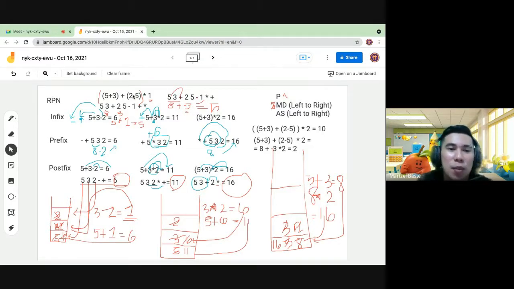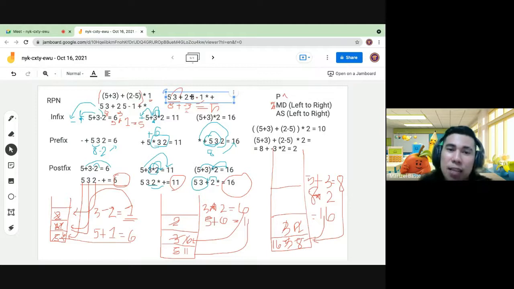So mag-change na siya, even if evaluate na nimo or i-change nimo siya into postfix, mag-change lang ang multiplication og addition, which is mauna ang multiplication sa addition, and then dire addition before multiplication.